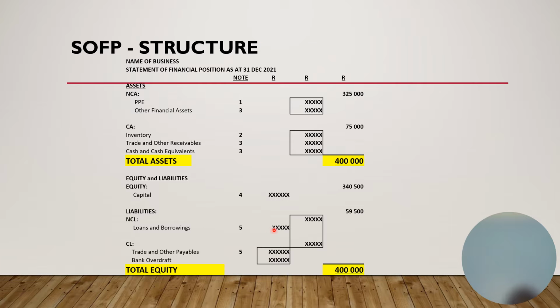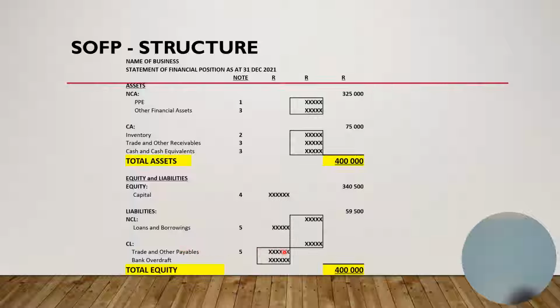We put our amount there, then we show it on the note. So this is our total for non-current liabilities, and then we go to current liabilities, which is trade and other payables.